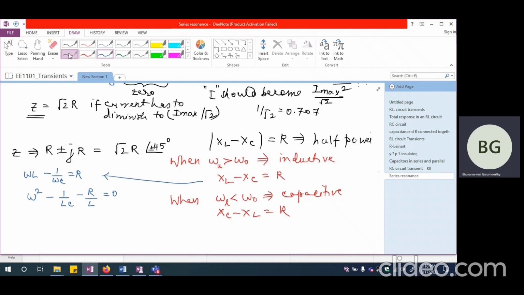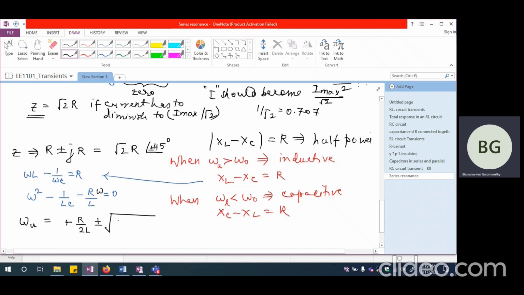Now, if you try to write the expression for omega from here, that is corresponding to the upper half power frequency. So omega U is going to be equal to, with the R by L term multiplied by omega, essentially plus R by 2L, plus or minus the root of B square minus 4AC.